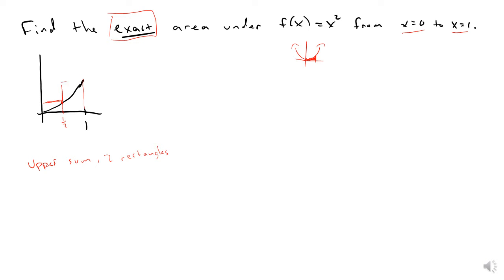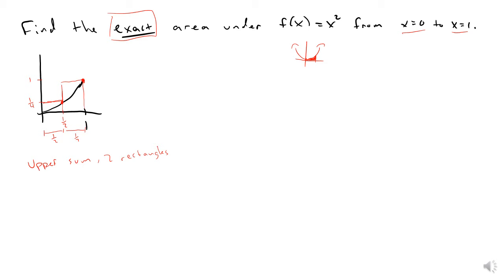All right, so our upper sum with two rectangles would be, well, what's the base of these? The base of each rectangle is 1/2. What's the height? Well, the height comes from plugging these x values into my function. So this y value here is 1/2 squared, so that would be 1/4. This x value here would be 1 squared, which is 1.